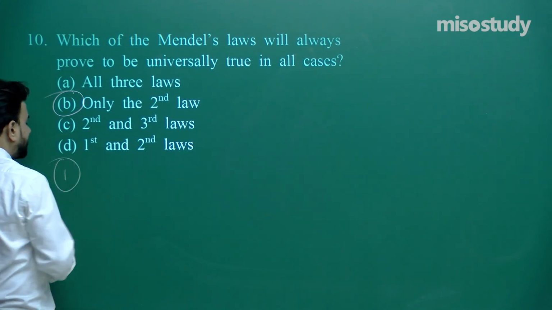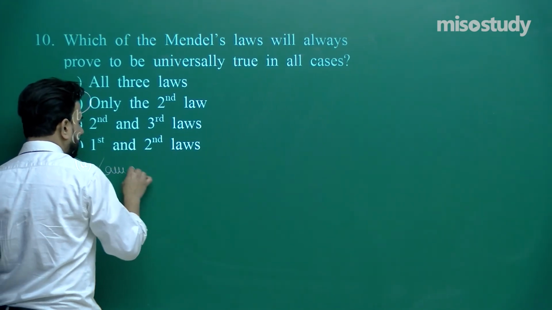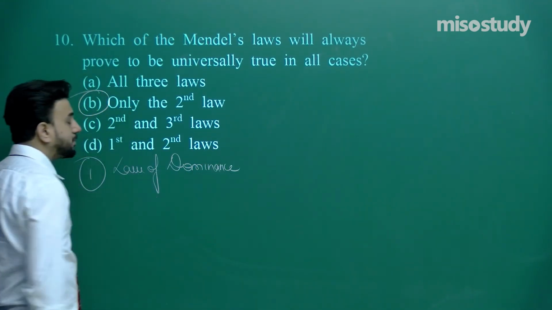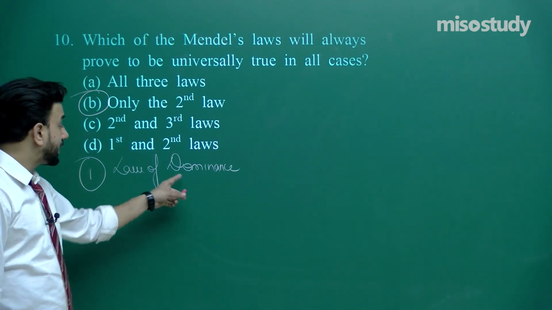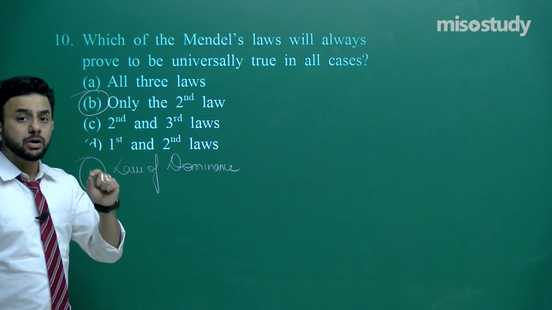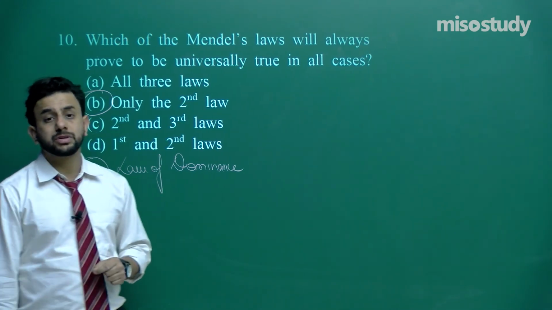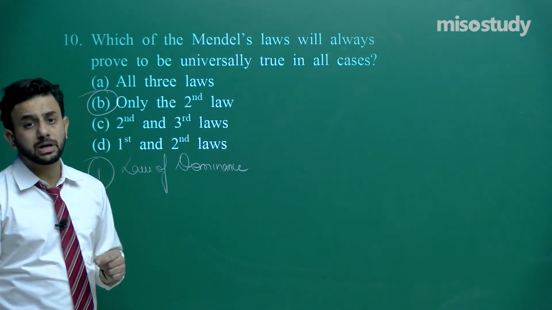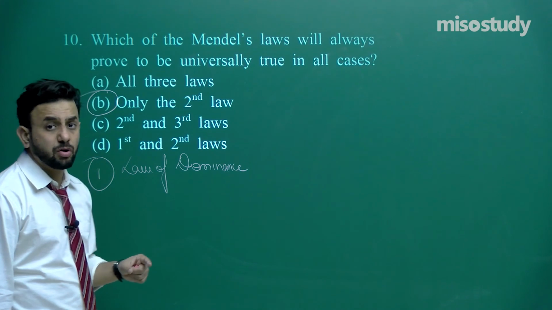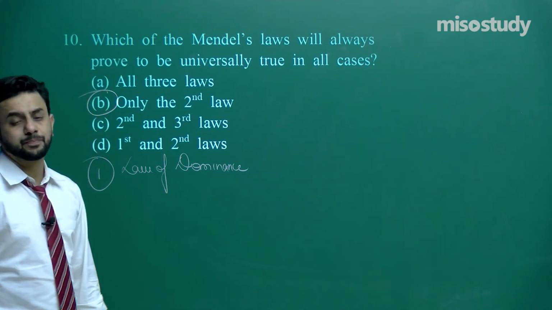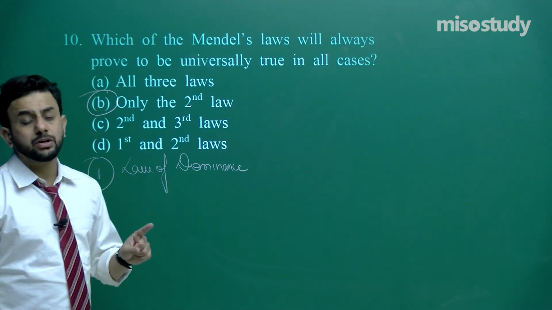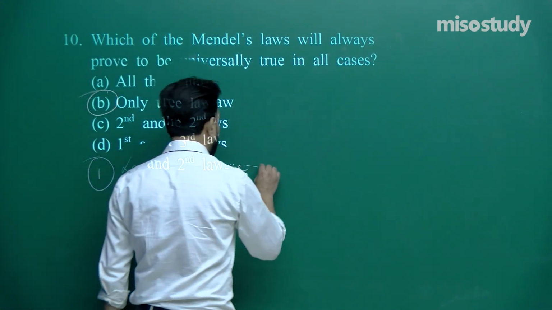Because the first law, the law of dominance, is not applicable everywhere. In the law of dominance we see a phenotypic ratio of 3:1 in the F2 generation, remember, for a monohybrid cross, and for the dihybrid cross also in the F2 generation. However, the law of dominance is not applicable everywhere.